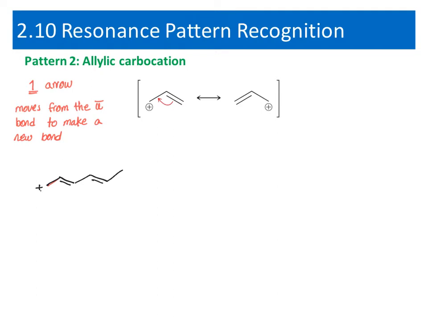Okay, we have a double bond and a positive charge in the allylic position. So we draw the resonance structure. So we move the pi bond to make a new pi bond.